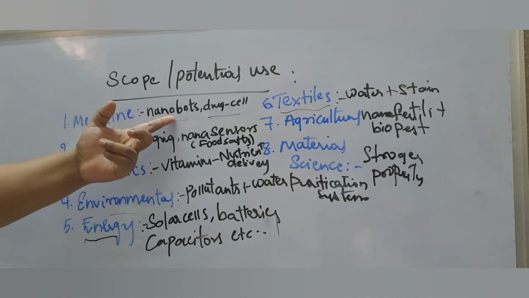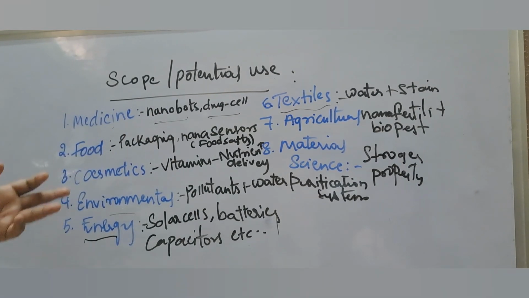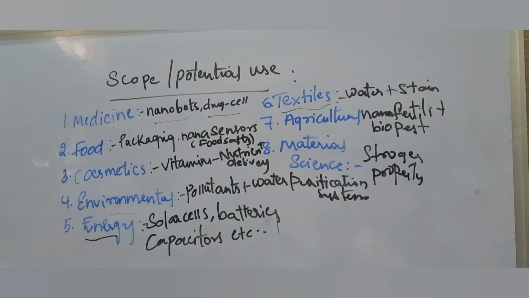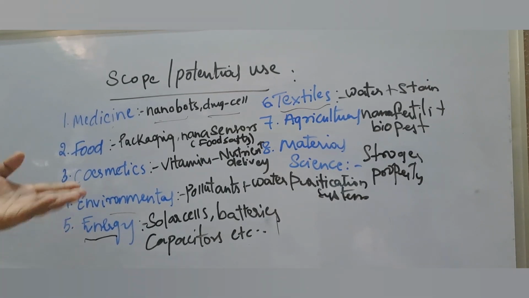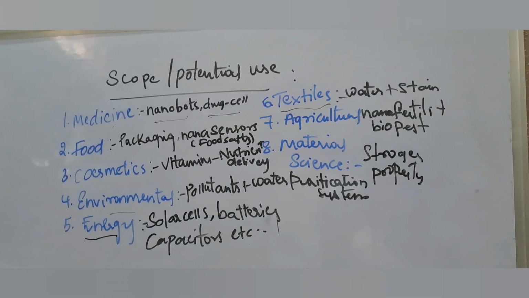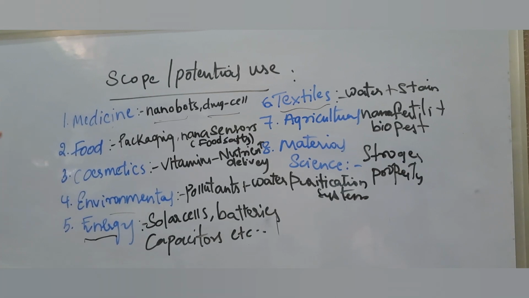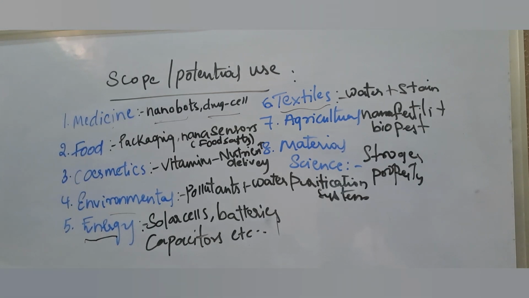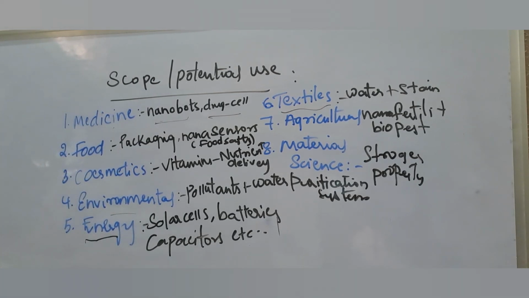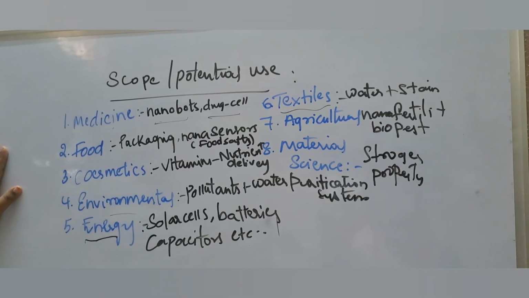Like medicine with nanobots, food with nanosensors, cosmetics for nutrient delivery, environment for water purification, energy for producing capacitors or solar cells, textiles for better fabrics, agriculture for nutrient delivery through nano fertilizers and biopesticides, and material science for strong nanocomposites. So these are the definition, scope and potential uses of nanotechnology.